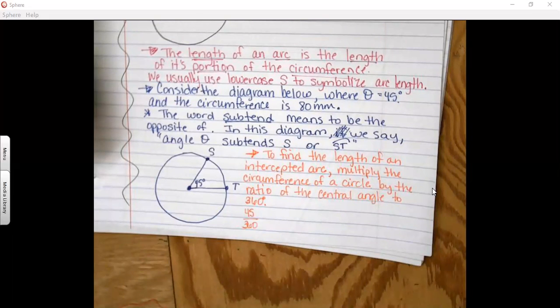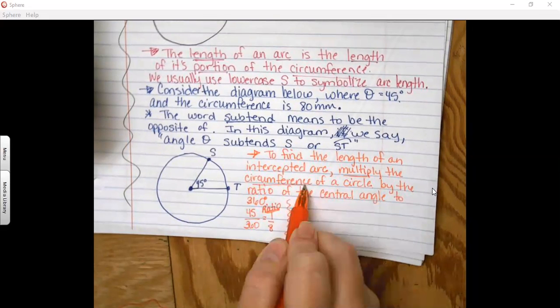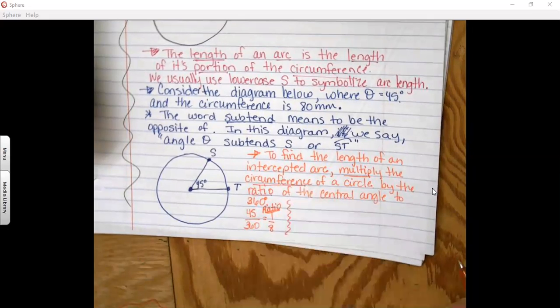So to find the length of the intercepted arc, it says multiply the circumference of a circle by the ratio. Well, what did it tell me that the circumference was? We wrote that above in the blue. I should have rewritten my directions, but what did it say the circumference of this circle is? 80 millimeters, right?